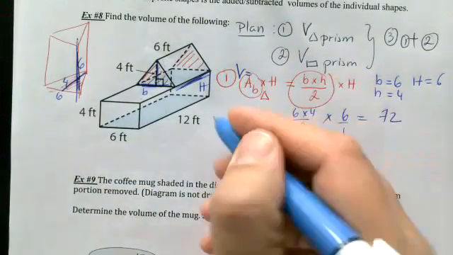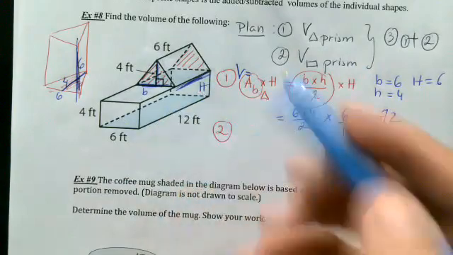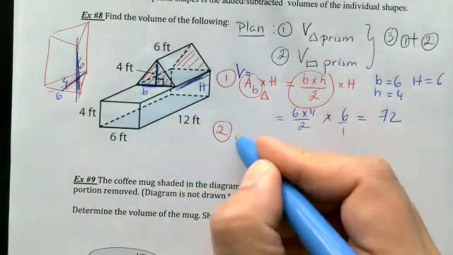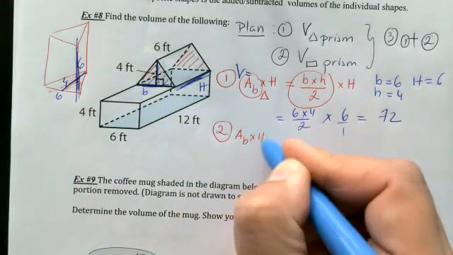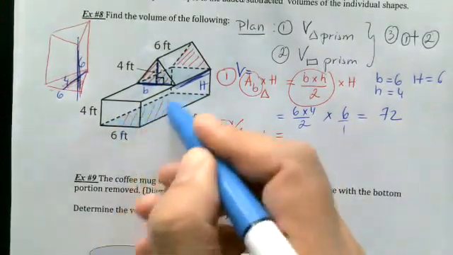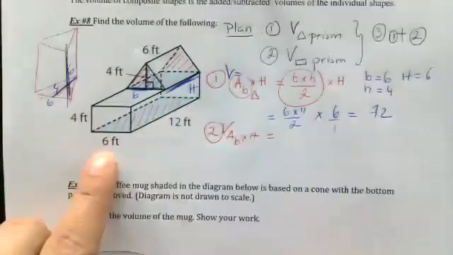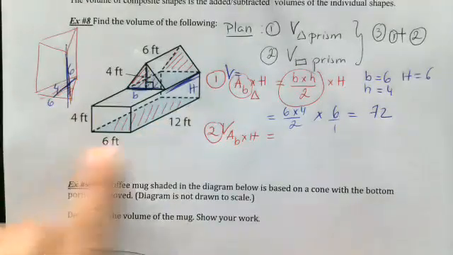The second step in our plan was the volume of the box at the bottom. That's the area of the base times the height for the volume. But this time the base is this blue part. This indeed now can be taken as the base. So it's a rectangle with dimensions 6 and 12.